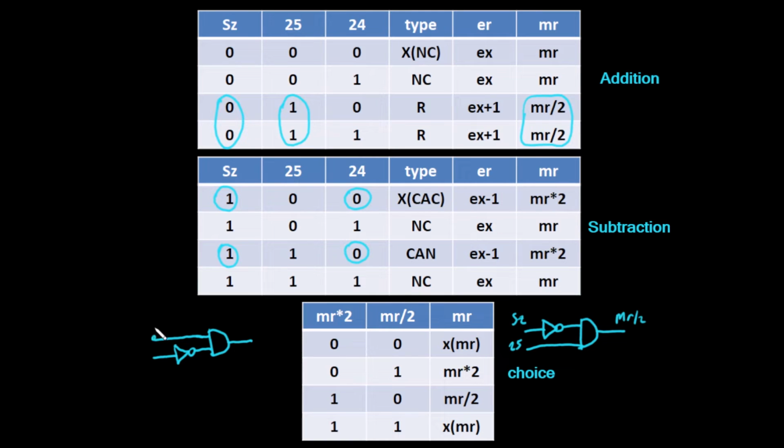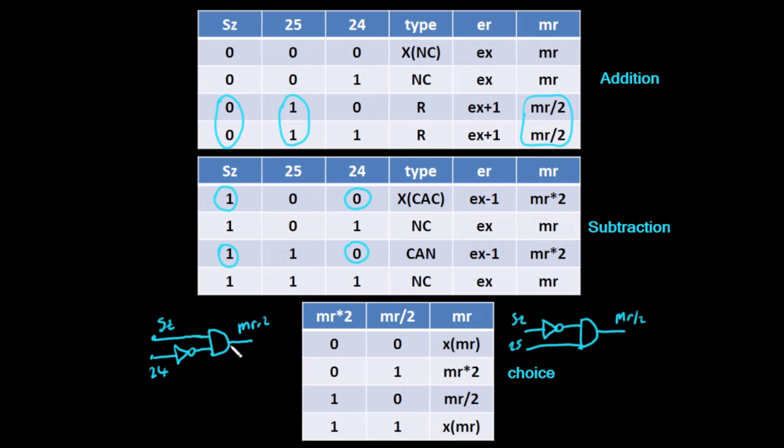So we would have the SZ here, we would have our bit 24, and then we would have our MR times 2. So these are our two little circuits that we can get in order to make the choice of the MR times 2 and the MR divided by 2.